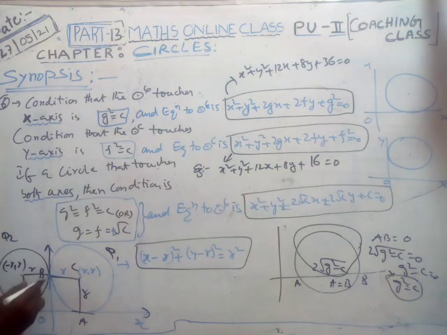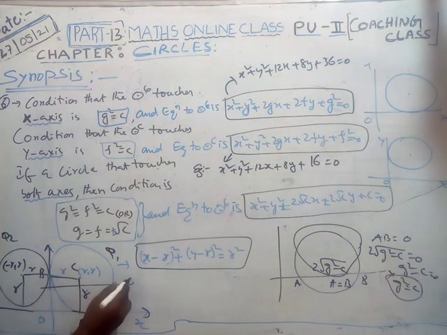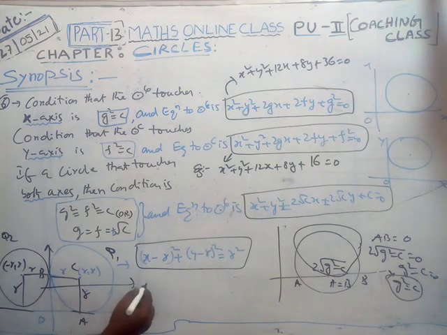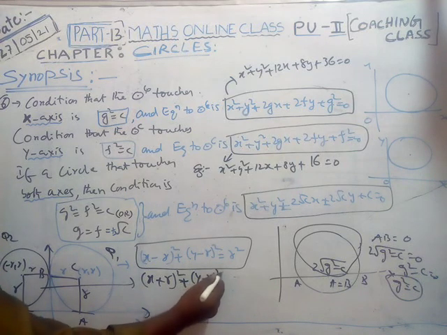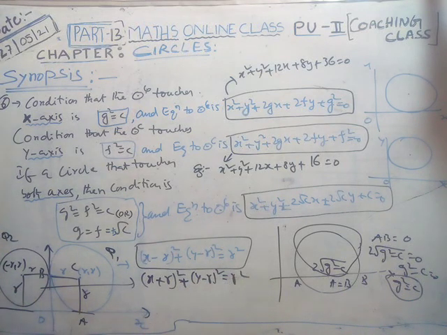Then its equation is x plus r whole square plus y minus r whole square is equal to r square. Suppose a circle is there like this, its center is minus r, the same radius.